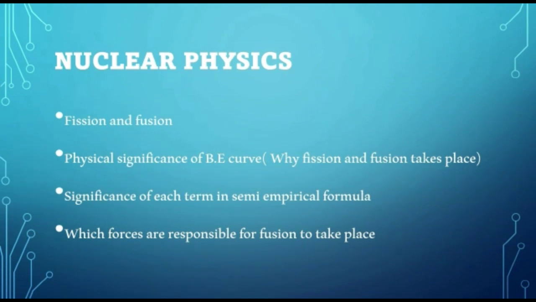Then he asked that as we know, in a nucleus we have proton repulsive forces, so what is the reason that binds the protons together inside the nucleus, what forces are responsible for this. I explained that due to the presence of nuclear forces, the protons are present inside the nucleus and they are stable. So this is due to the presence of nuclear forces.